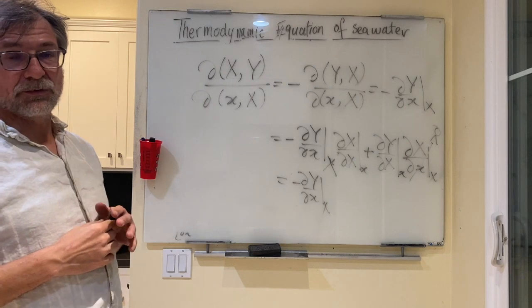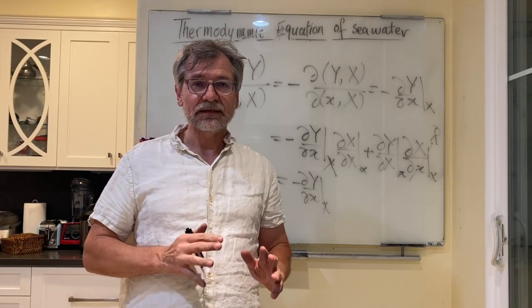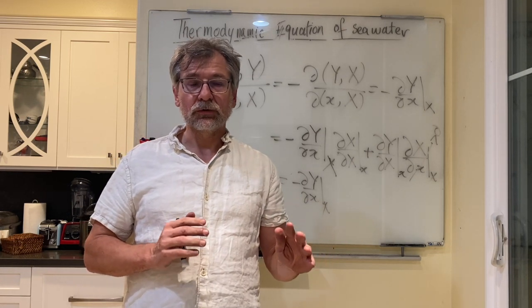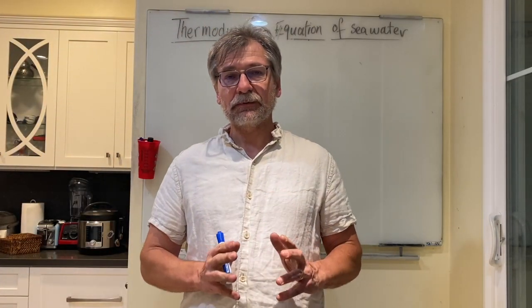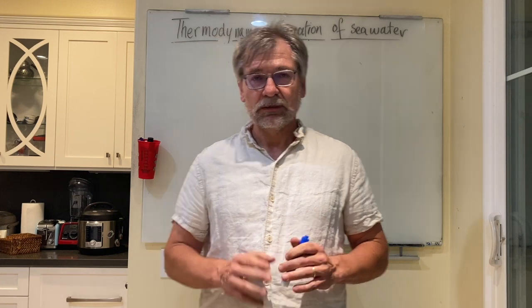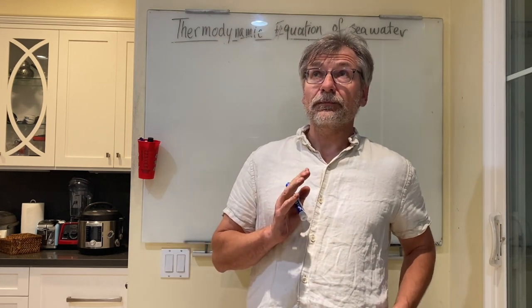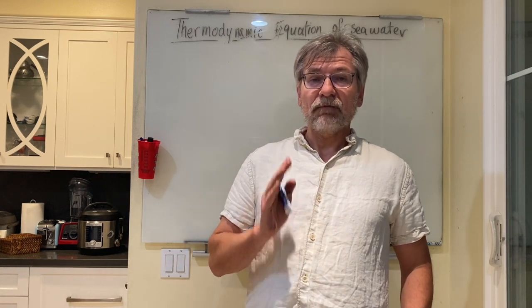All right, so these are all the facts about Jacobian determinants that you need to derive all the thermodynamic relations you need from the Gibbs function. All right, now let's derive some thermodynamic relations from the Gibbs function. So the first thing we'll do is compute the adiabatic lapse rate from the Gibbs function.